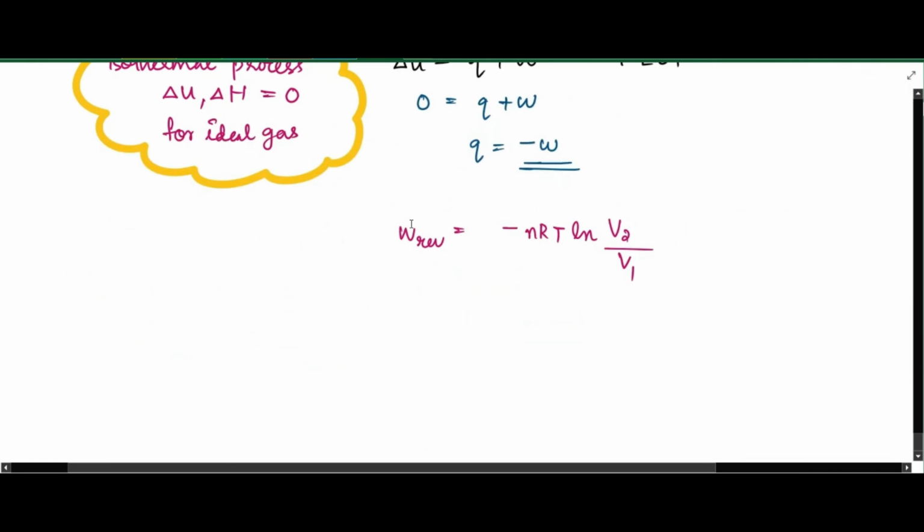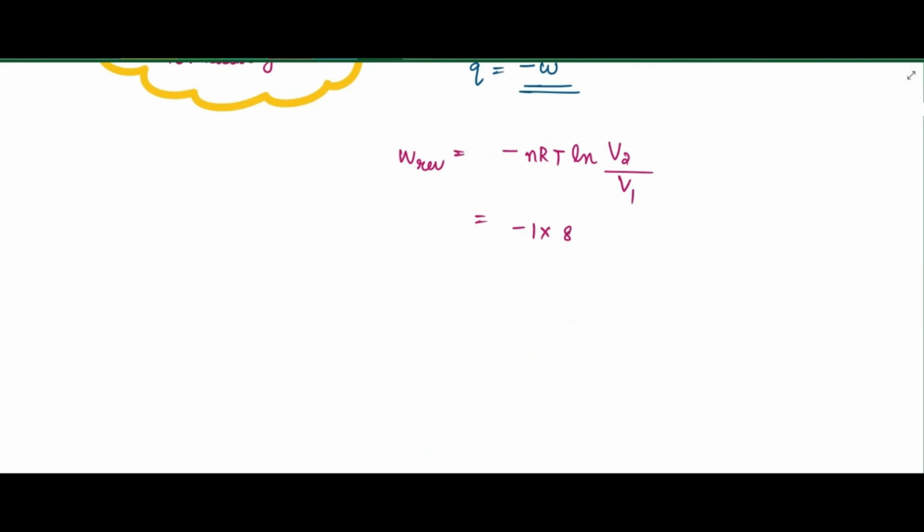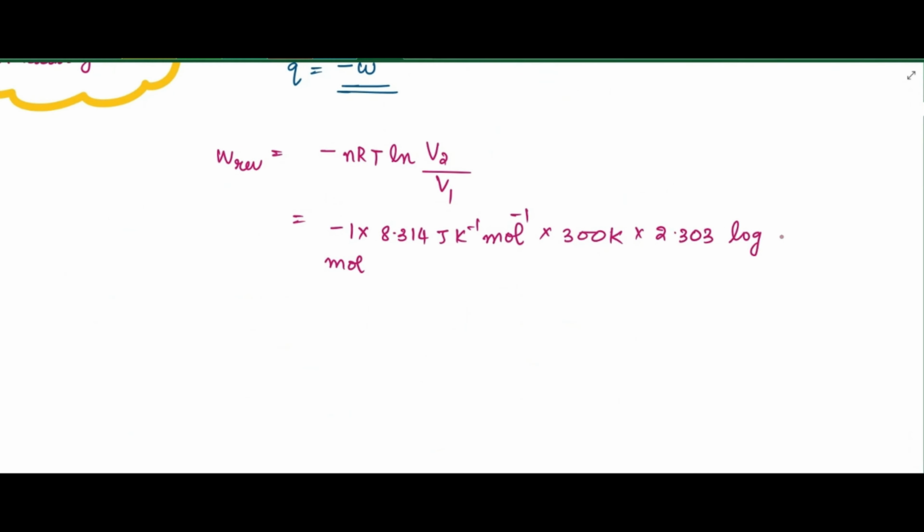How many moles are given in the question? 1 mole. 1 mole, R is 8.314 joules per Kelvin per mole, into temperature of the system, given as 300 Kelvin, into 2.303 log of final volume. It was compressed, right? Compressed from 25 to 10. So when you do this, mole gets cancelled with per mole, Kelvin gets cancelled with per Kelvin. Right? What is the value?